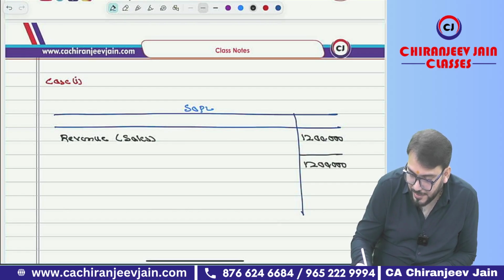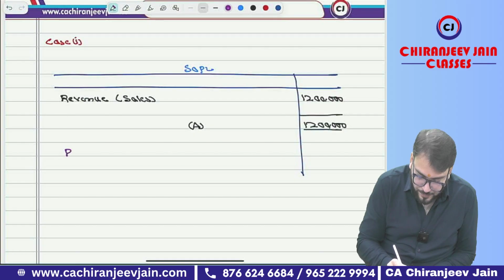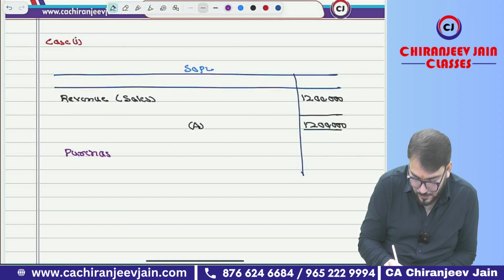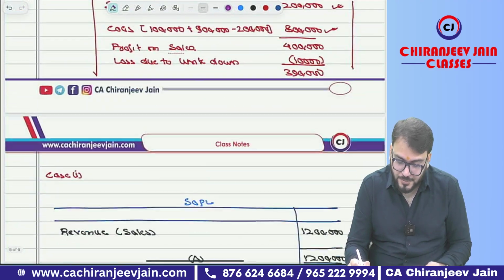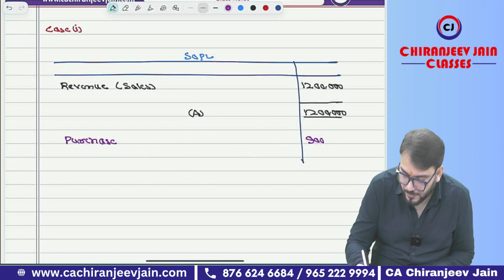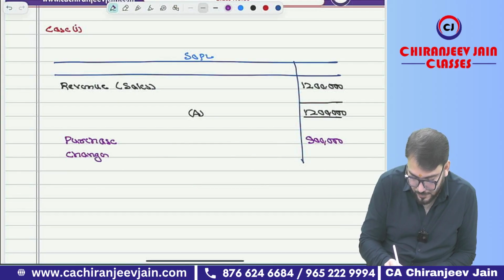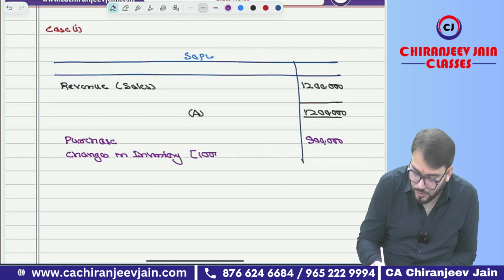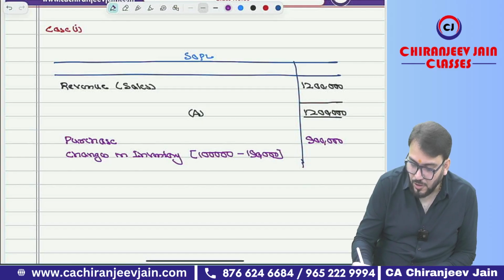This becomes your total income. Then we write down purchase. What is the purchase during the year? That is 9 lakh. And then we write down changes in inventory. So 1 lakh was the opening stock and 1,90,000 is the closing stock.